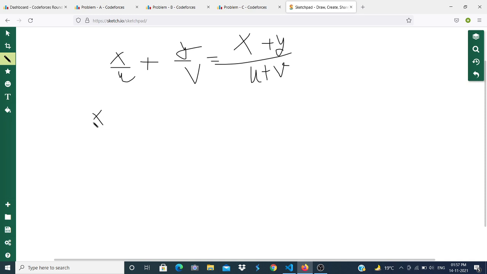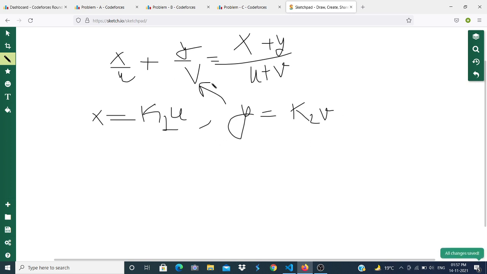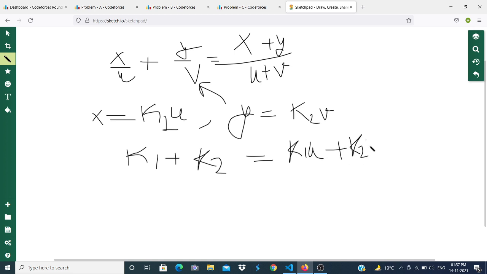So what I assume, let x be some multiple of u. So let's say x is equal to k1 times u, right? And similarly let y be also some multiple of v, so let it be k2 times v. Now if you just substitute it over here, it becomes k1 plus k2, and that should be equal to k1 times u plus k2 times v divided by u plus v.